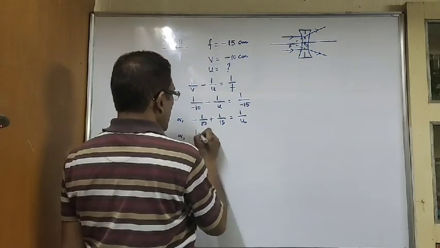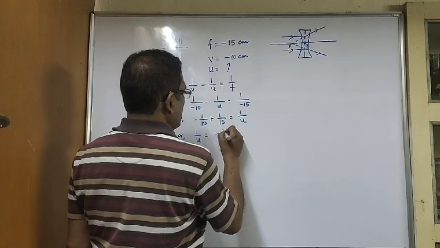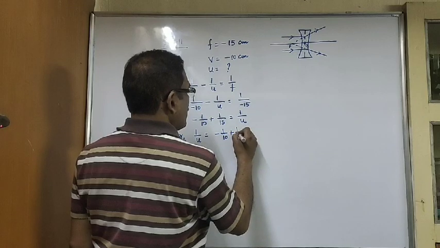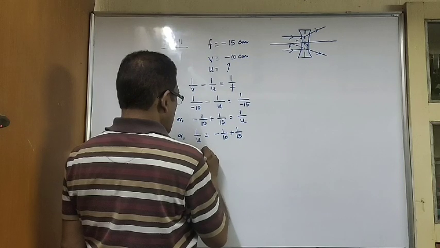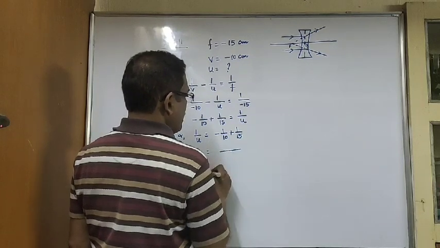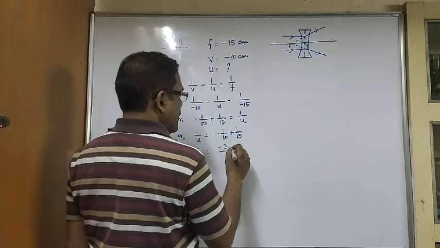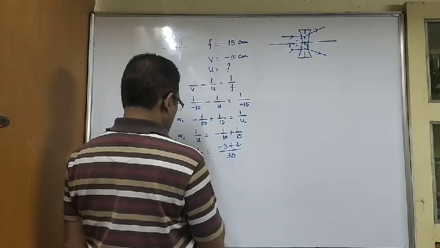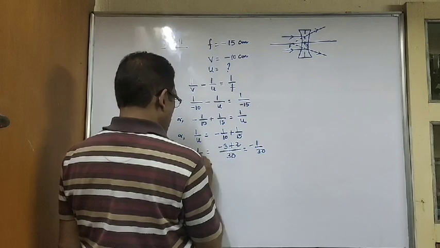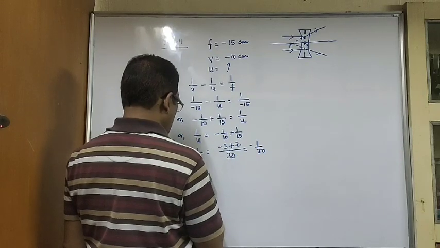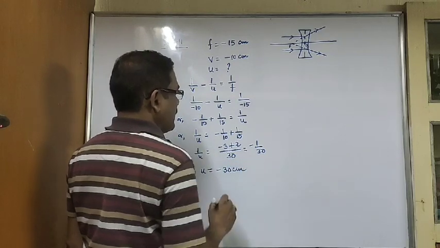Or we can write 1 by u is equal to minus 1 by 10 plus 1 by 15. Take the LCM, which is 30. So it will be minus 3 plus 2, so it will be minus 1 by 30. So 1 by u is equal to minus 1 by 30. Therefore, u is equal to minus 30 centimeter.